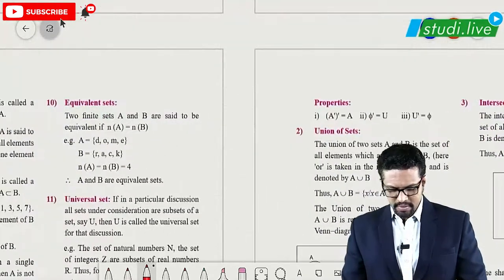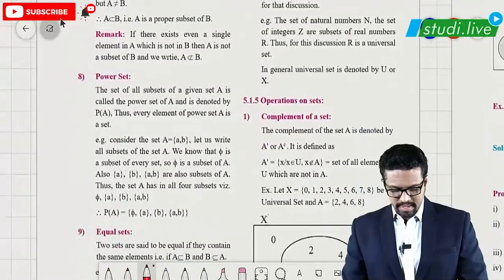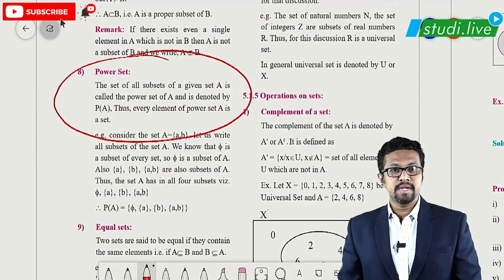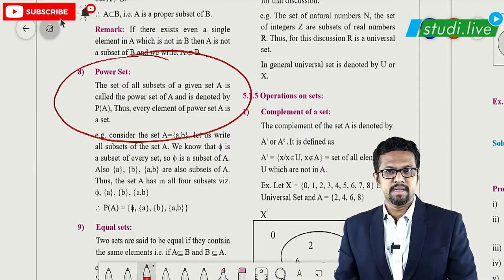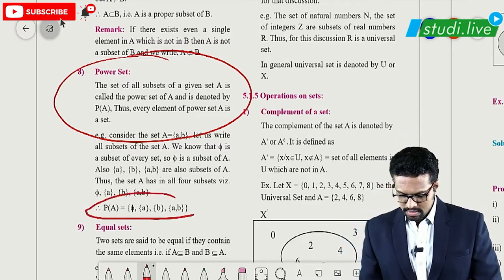The next thing we have to understand is proper subsets and the power set. There are questions which are based on the power set. A set which contains all the subsets of the given set A is called the power set of A. Here is an example.